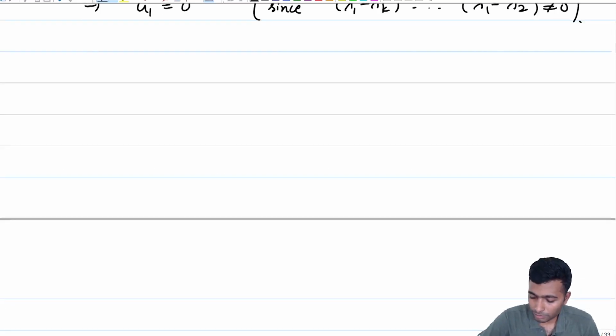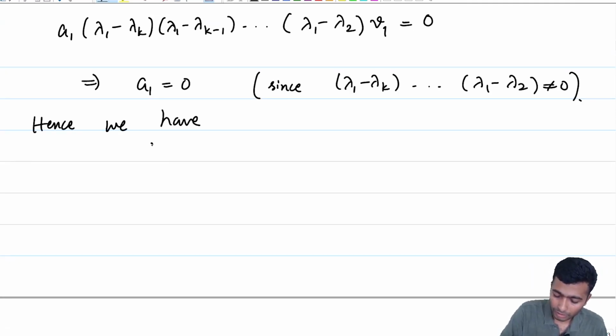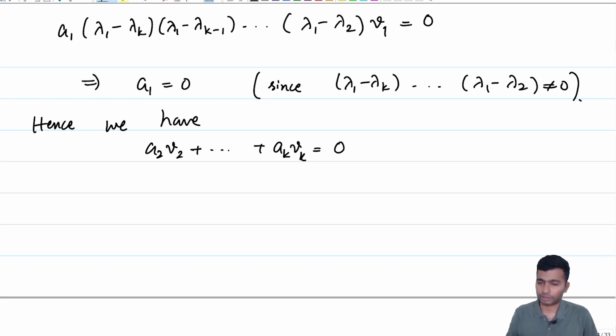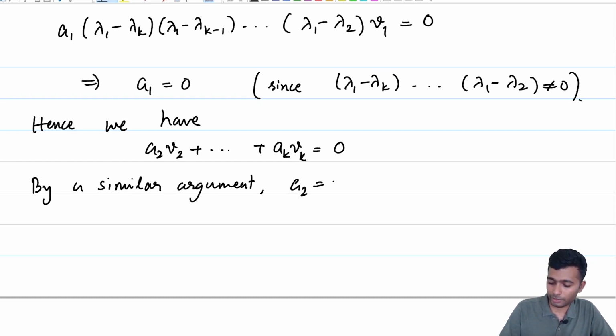Similarly, hence what do we have? A1 is equal to 0 implies A2V2 plus ... AKVK is equal to the 0 vector, because A1 has already been proved to be 0. By a similar argument, we can conclude that A2 is 0, and so on.